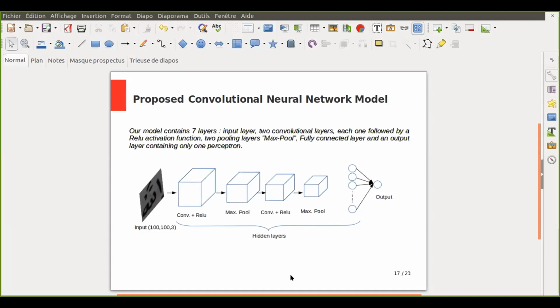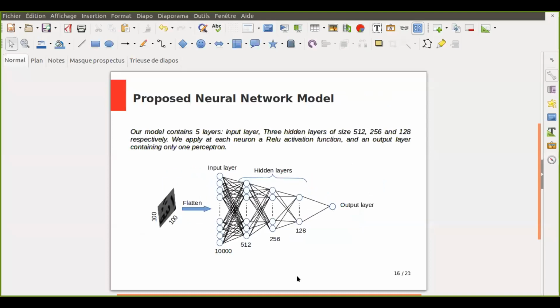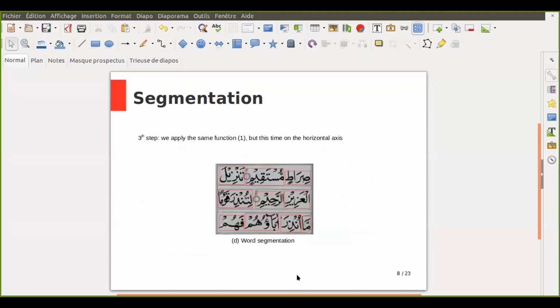My second question is about the Hadara data set. How many sentences or how many words are in this data set? This data set contains about 18 image texts. How do you transform this text into words? You do word segmentation.